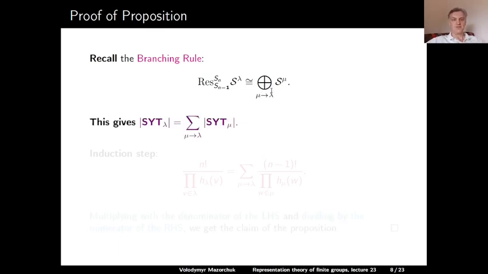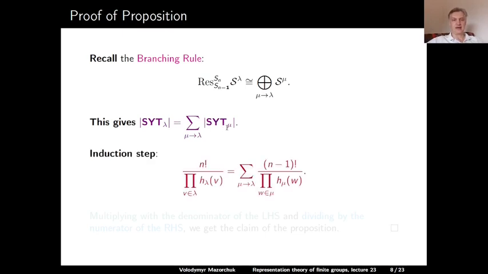In particular, this means that the cardinality of the set of standard Young tableaux of shape lambda is equal to the sum over all mu such that mu arrow lambda of the cardinality of the set of standard Young tableaux of shape mu.